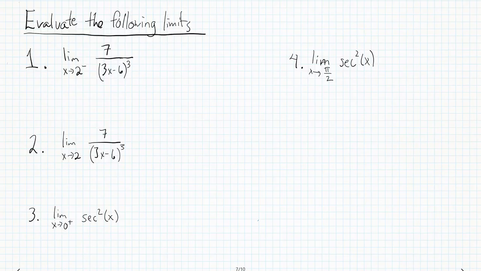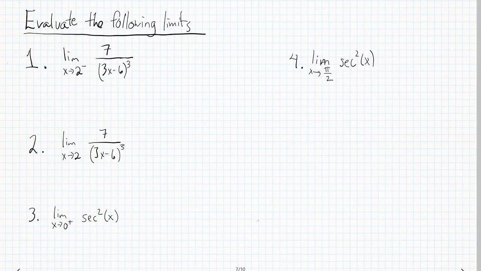So now we have infinite limits of a different type. I'm going to try and show you on these, and to beware on some things too. So, limit as x approaches 2 from the left of 7 over (3x minus 6) cubed.